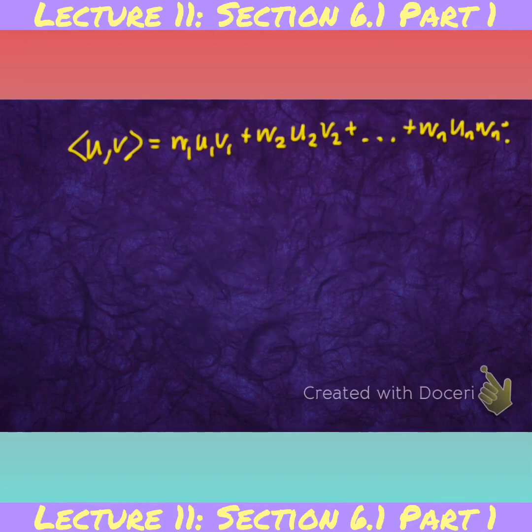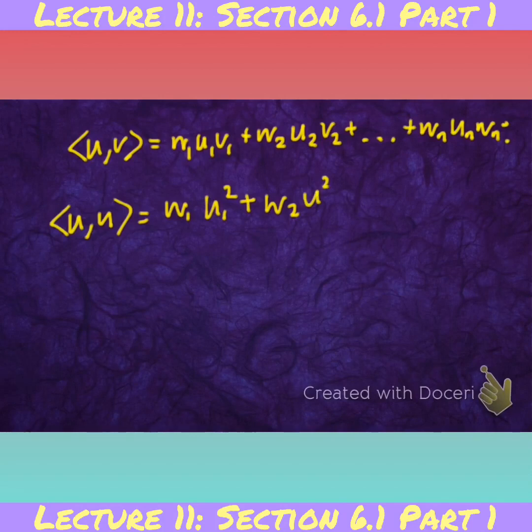Right, so what we're going to do is take the product of u with itself. And what is that? That is the weight w1 u1 squared plus w2 u2 squared, plus, we go up until wn un squared.